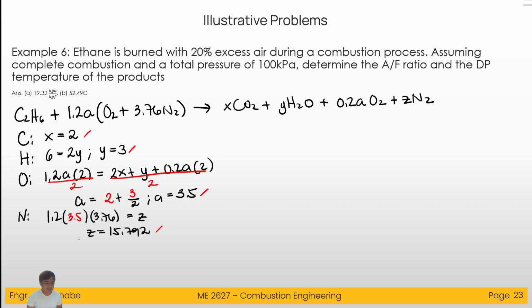So the next thing that we have to do, the usual thing, is to find the air-fuel ratio using molal basis, no?